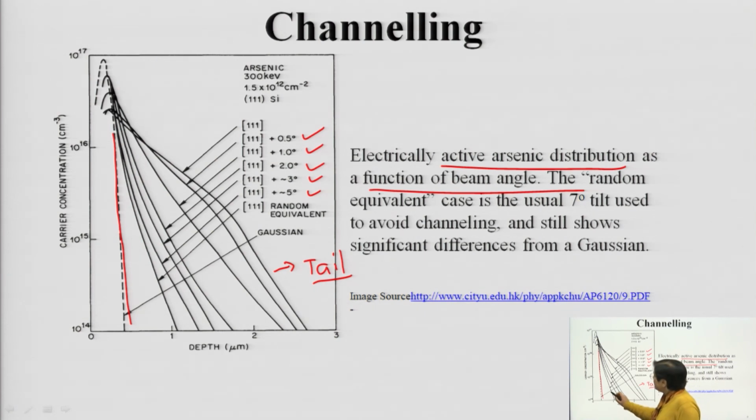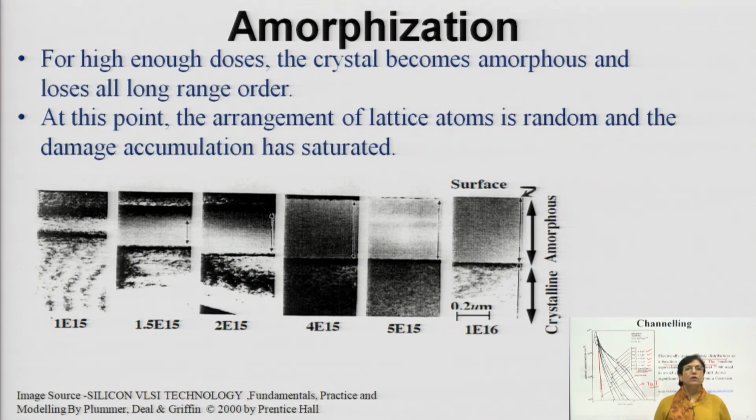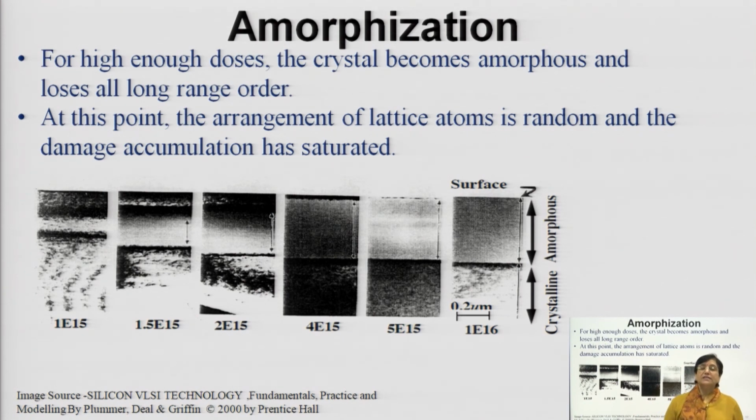See here, at the minimum angle you find the closest profile, the random equivalent Gaussian profile. As you go away, this is the 111 profile, this is plus 0.5, this is 1 degree, this is 2 degree, and with every degree change the profile changes. So it is very sensitive to the angle at which the beam is striking.